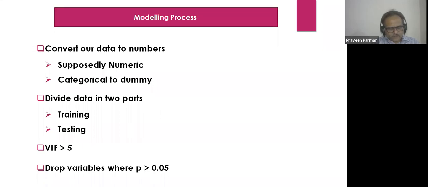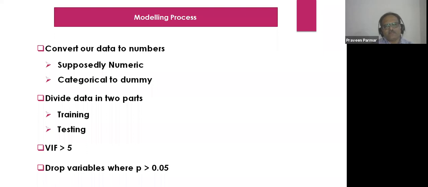First, whenever we get data, we convert our data to numbers for linear regression and logistic regression. Some data are supposedly numeric, like codes, but they are numbers, so we convert them to numeric as numeric, as we have done in our data set also. And whatever categorical variables we have, we convert them to dummy. So the data must be in numeric form.